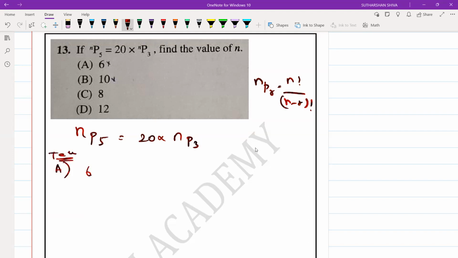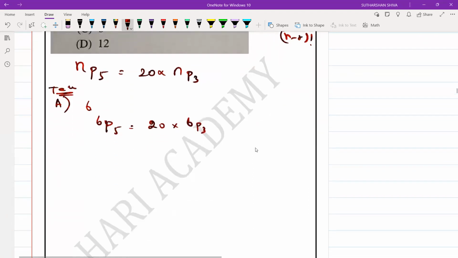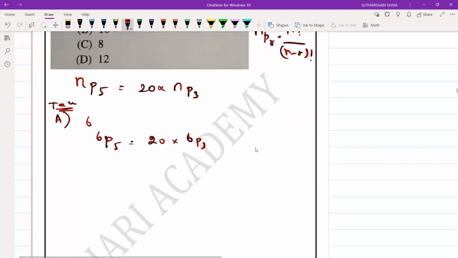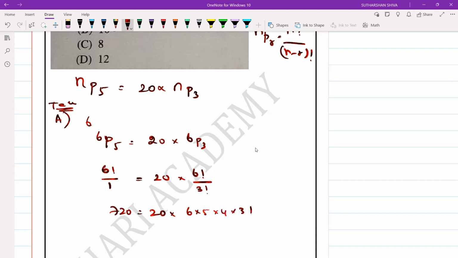Because I will go with option A. Option A is 6. What is 6P5? 6P5 equal to 20 into 6P3. It is nothing but 6 factorial divided by 1 equal to 20 into 6 factorial divided by 3 factorial. 6 factorial is 720 equal to 20 into 6 into 5 into 4 into 3 factorial divided by 3 factorial. 3 factorial gets cancelled.